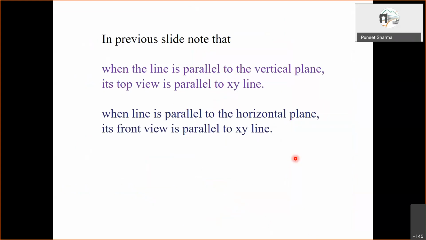Yeah, now let us just read out these things again. So when this line is parallel to the vertical plane, the top view is parallel to the xy line. This is an additional thing that we observe. And when the line is parallel to the horizontal plane, the front view is parallel to the xy line.